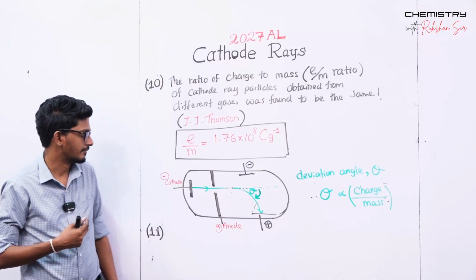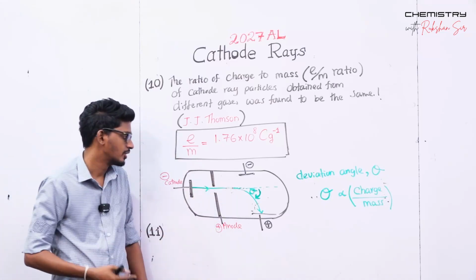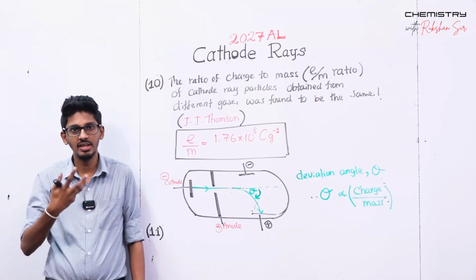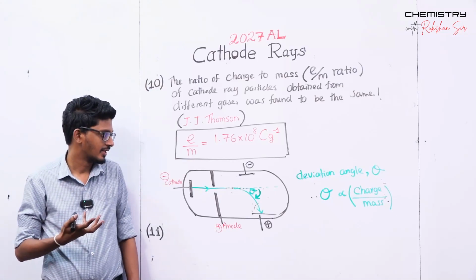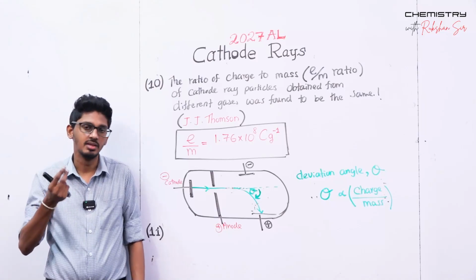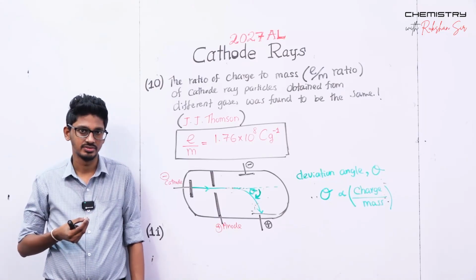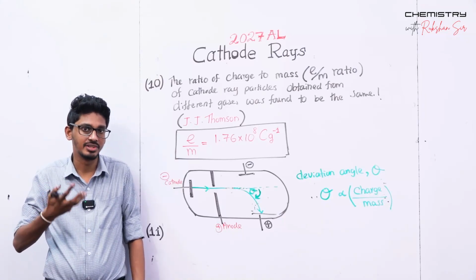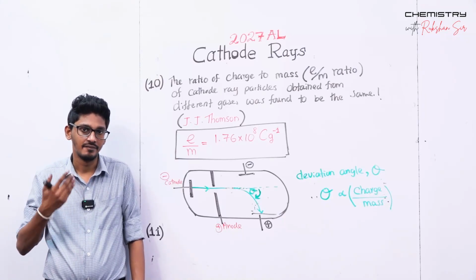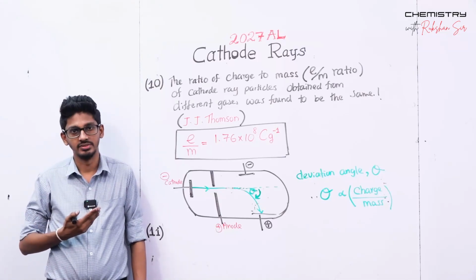When we consider solid matter, gas matter, all matter, you get the same charge carrier, the same cathode rays appearing. That means cathode rays should be the fundamental charge carrier common to each and every matter, right?